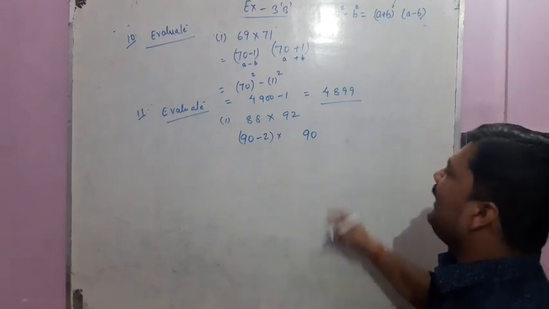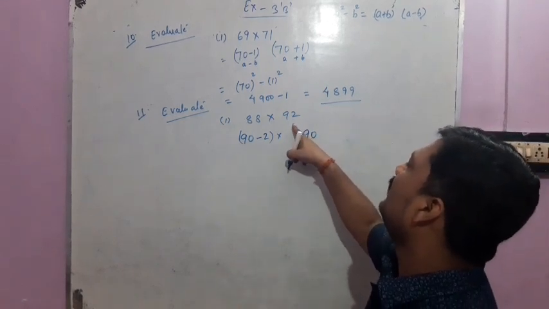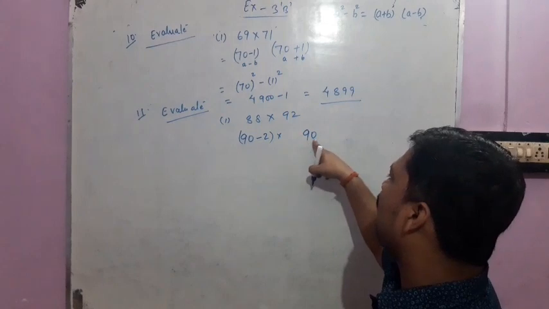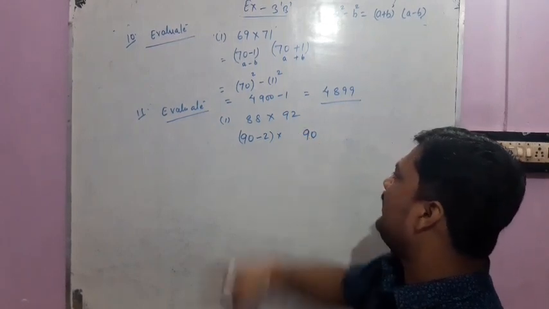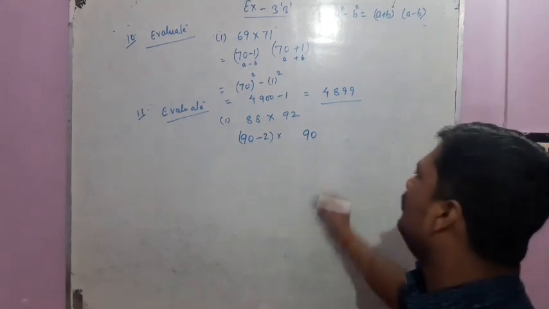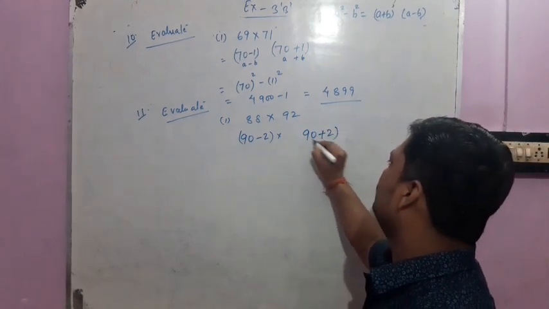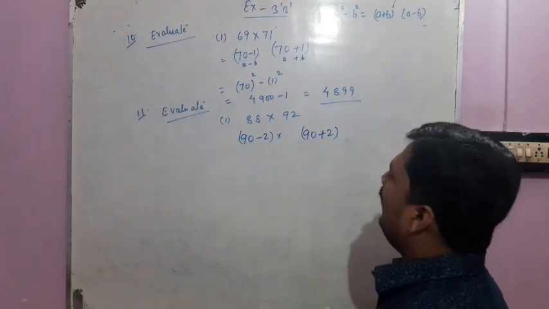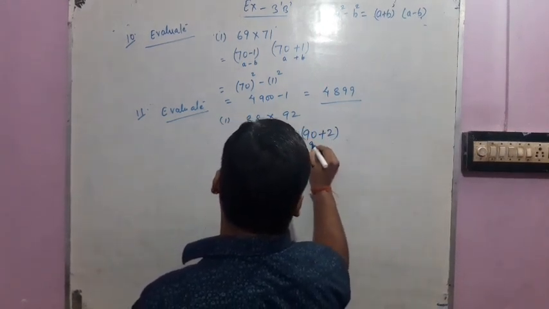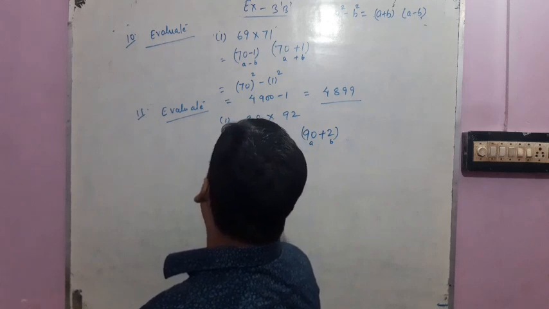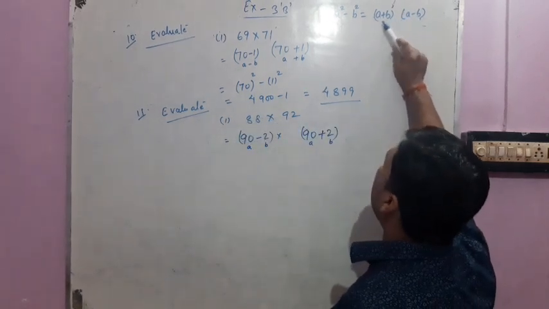And what will we add? As we know, 90 is smaller than 92, so we have to add something to 90 to make it 92. What do we add? 2. So 90 plus 2. Now you consider 90 as A and 2 as B. What is the formula of A minus B into A plus B?